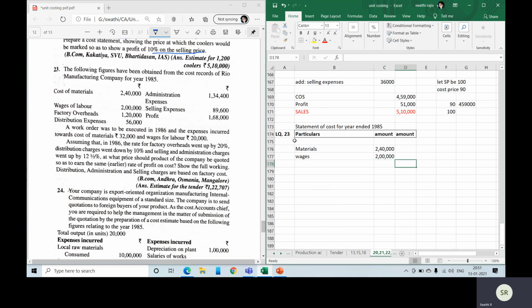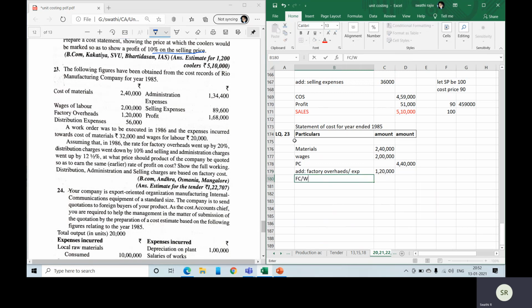So our prime cost will be 4,40,000 is our prime cost, and then along with this I will add my factory overheads. Overheads or expenditure that is directly given to us is 1,20,000.